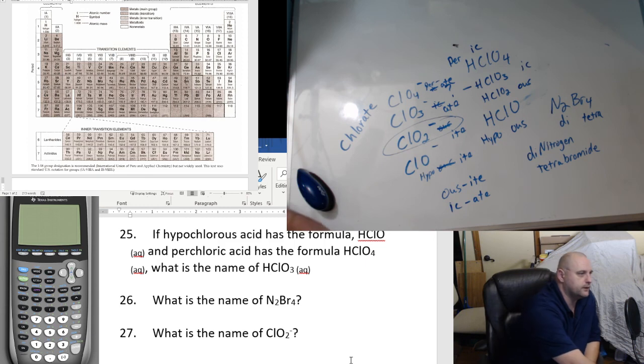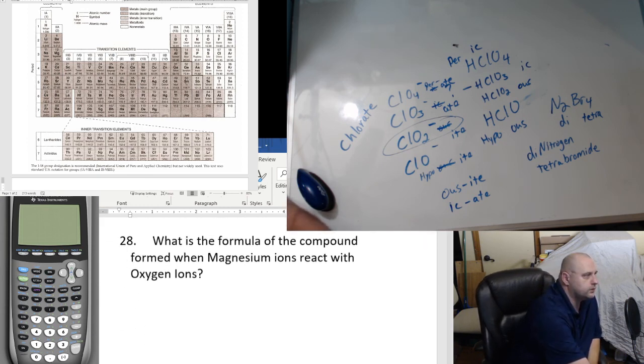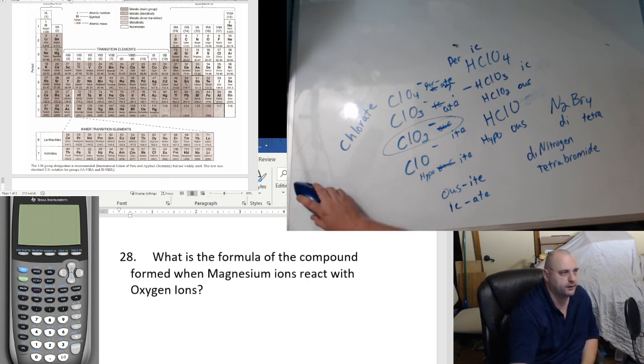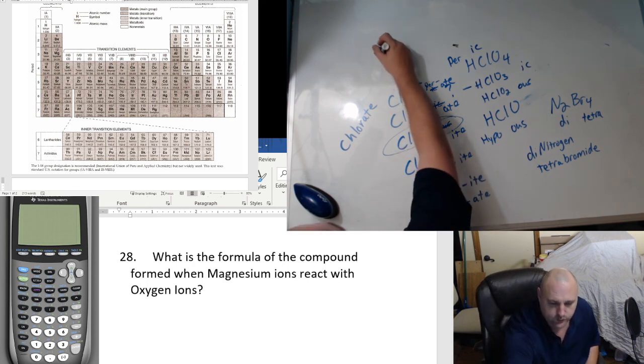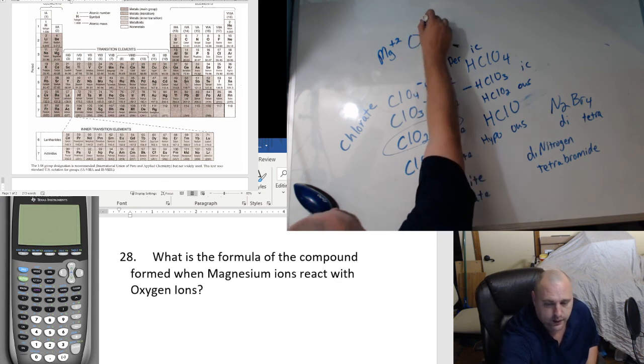Whew, fun. All right. Then it says, last one, what is the formula of the compound magnesium ions react with oxygen ions? So magnesium is group 2, so it makes a plus 2, and oxygen makes a negative 2.